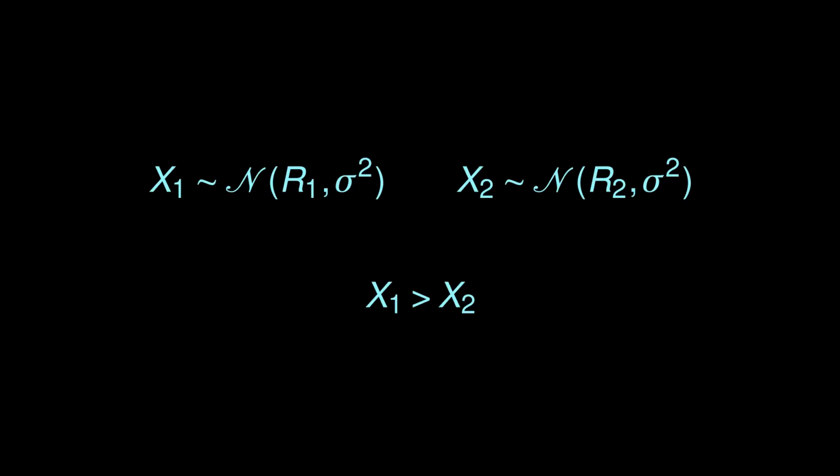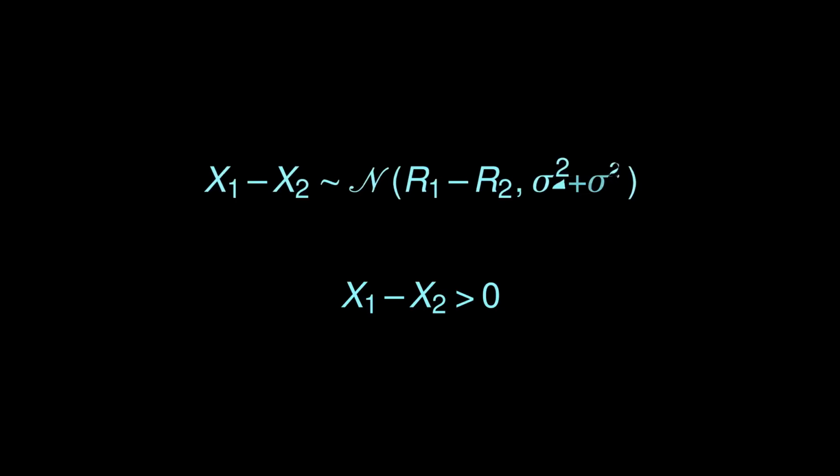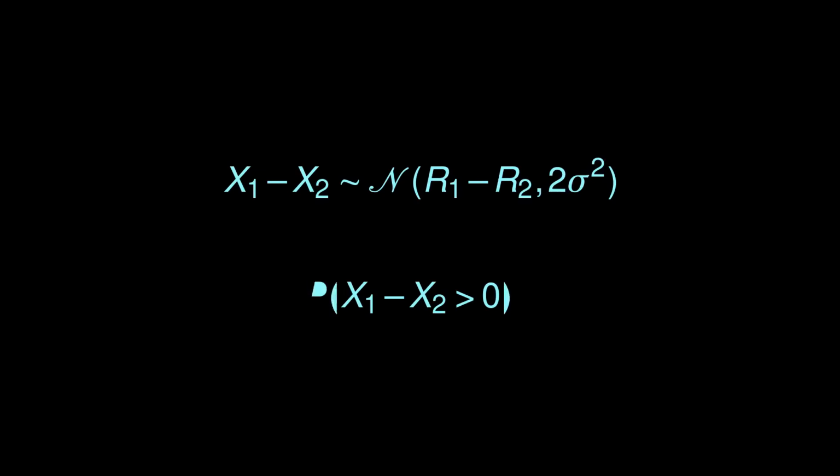This happens precisely when the difference x1 minus x2 is positive. Due to the properties of the normal distribution, this difference, x1 minus x2, also follows a normal distribution, whose mean is equal to the difference in ratings, and whose variance is the sum of the variances. Therefore, the probability that player 1 wins is the probability that this normally distributed random variable is greater than 0.